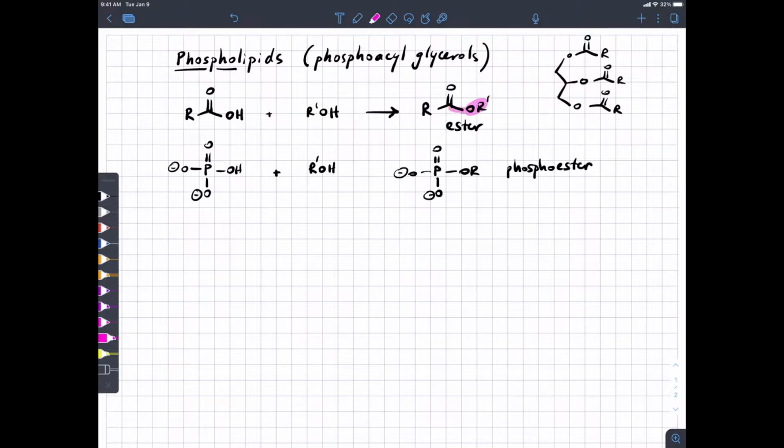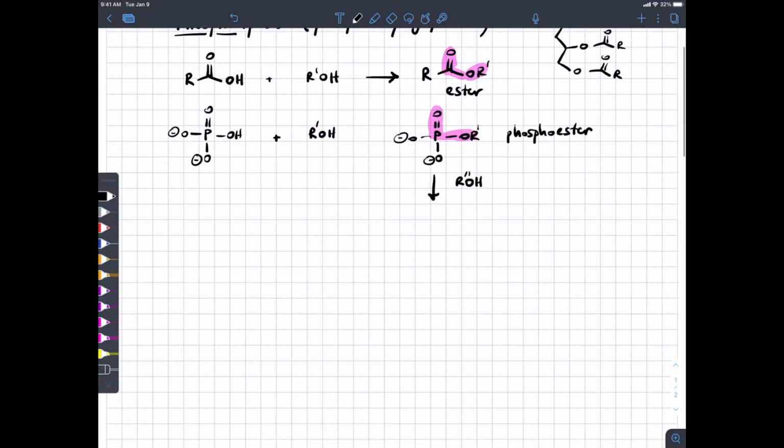Oxygen bonded to the carbonyl carbon. Oxygen from an alcohol bonded to a phosphorus. So by analogy, that's called a phosphoester. But it turns out that phosphoesters can undergo a second round of ester formation to give you something called a phosphodiester.